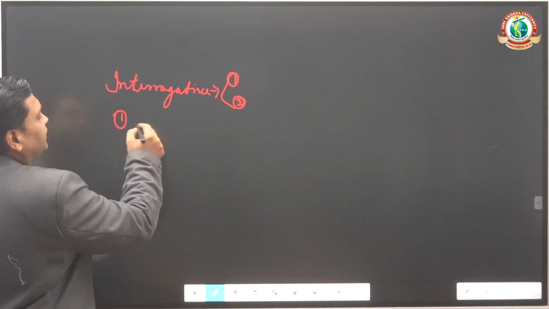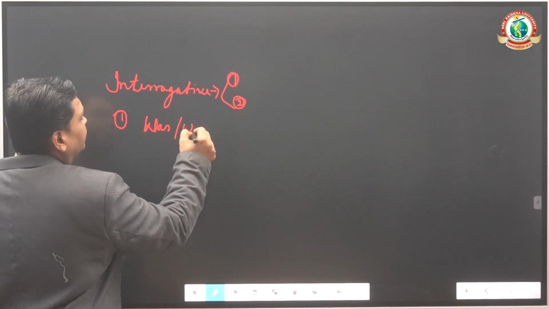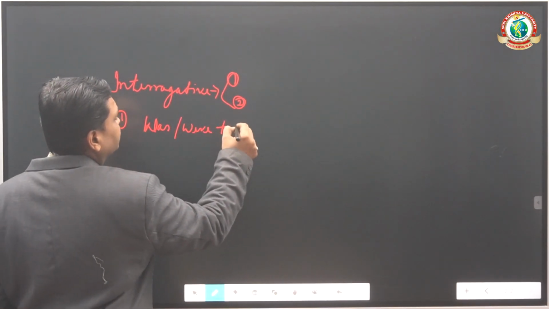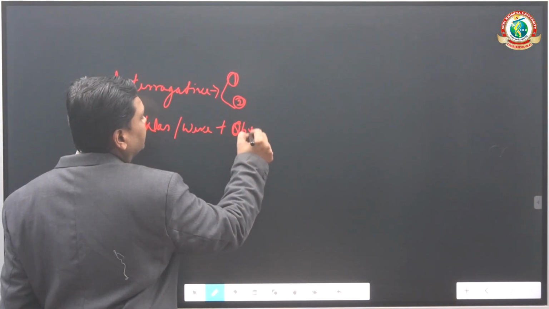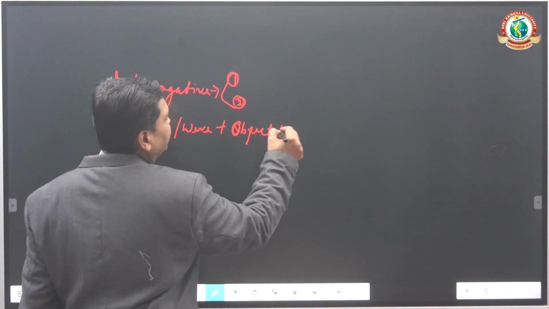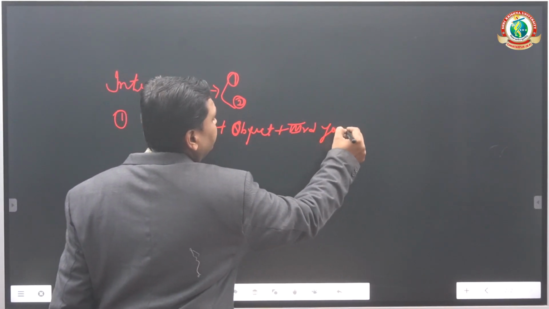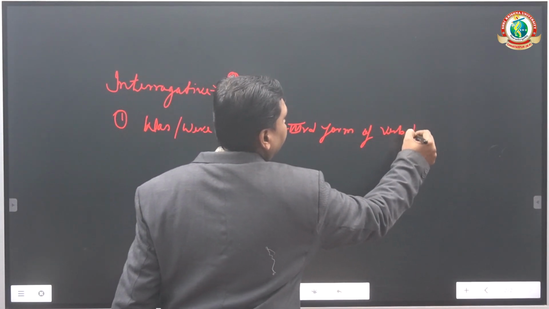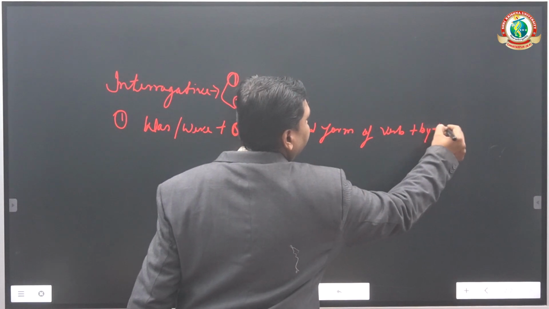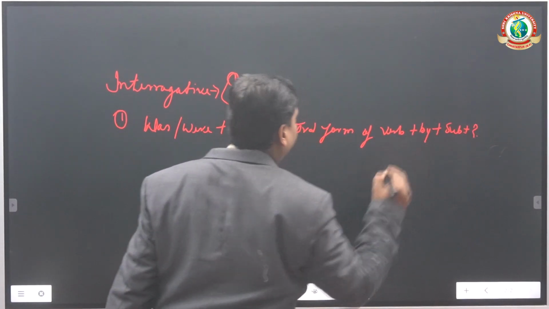So the structure would be: was or were plus subject, object plus third form of verb plus by plus subject, and there is a question mark.